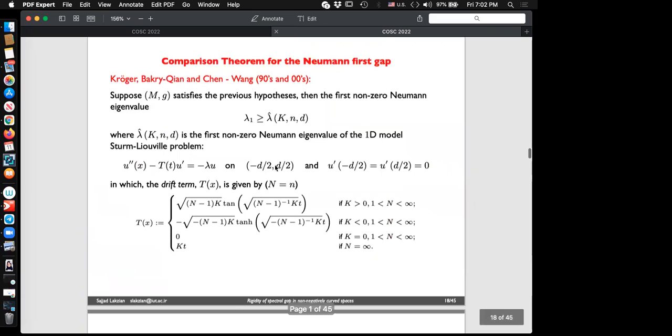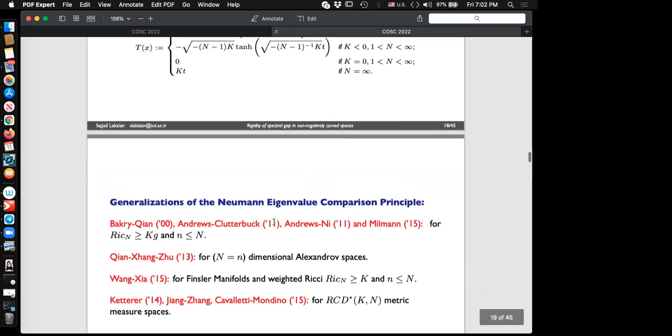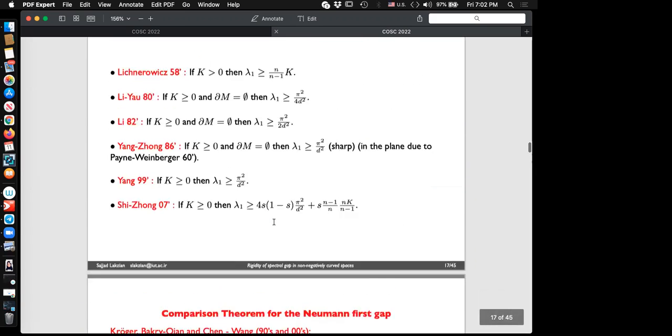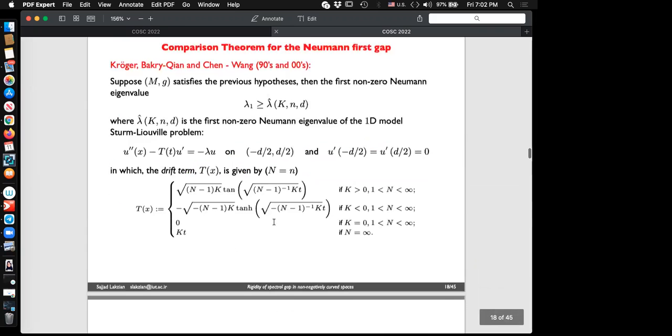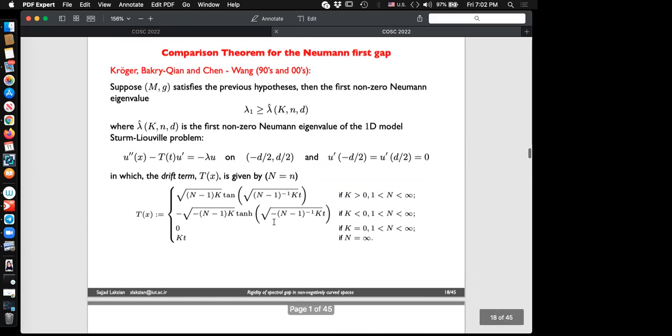Okay, now we move to how, depending on the curvature, you would bound the eigenvalues using comparison principles. This again is from the collected work of many people. But perhaps Bakry-Qian is the important one.